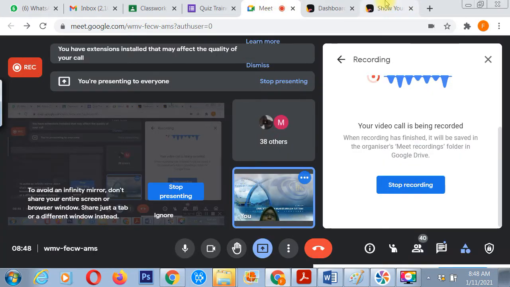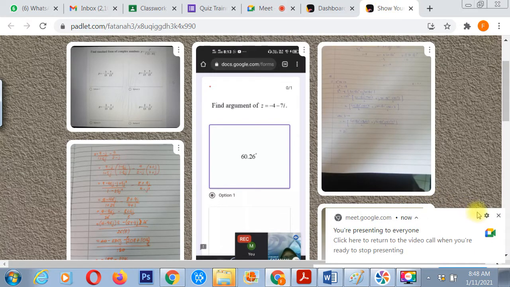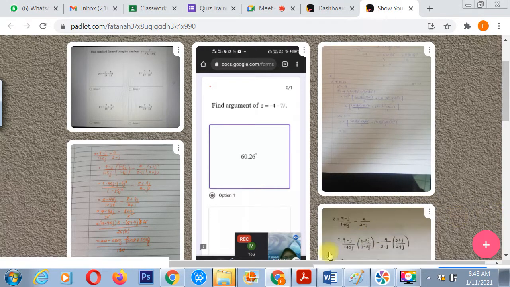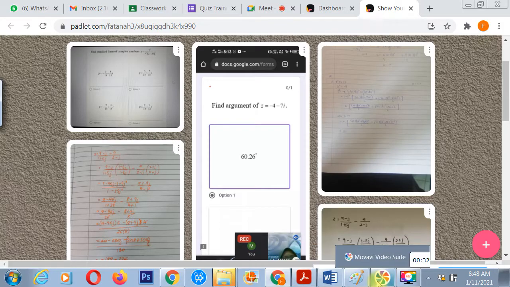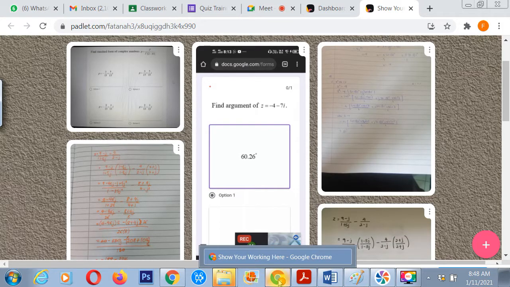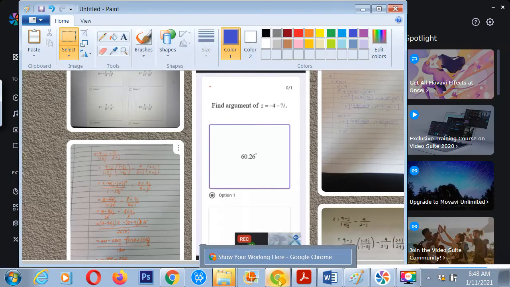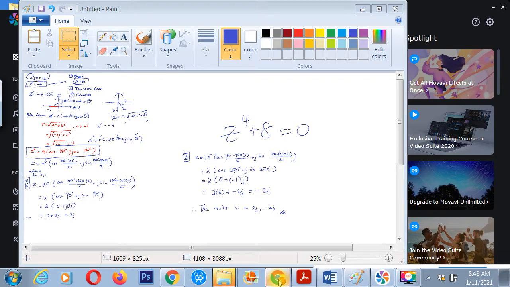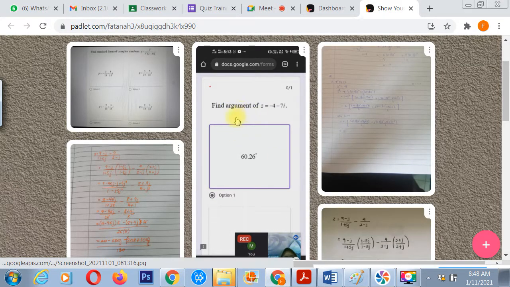If you already finish, please check the chatbot, because I want to continue our discussion on this equation, this question and this question.